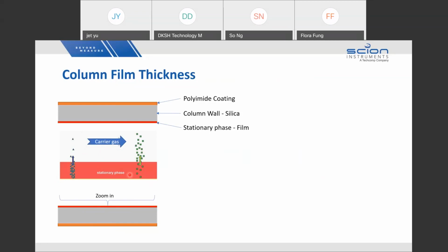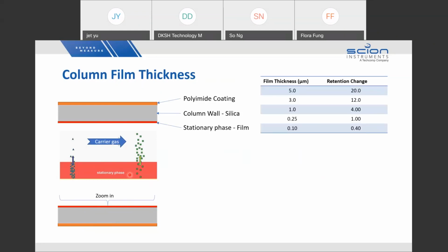If it doesn't let go, the retention is really strong, and you can expect how long it will take for the compounds to come out of the column. So by considering the properties of the analyte and the analysis time, you have to think about this dynamic equilibrium: the analytes keep interacting with the stationary phase while continuously moving out through the column.